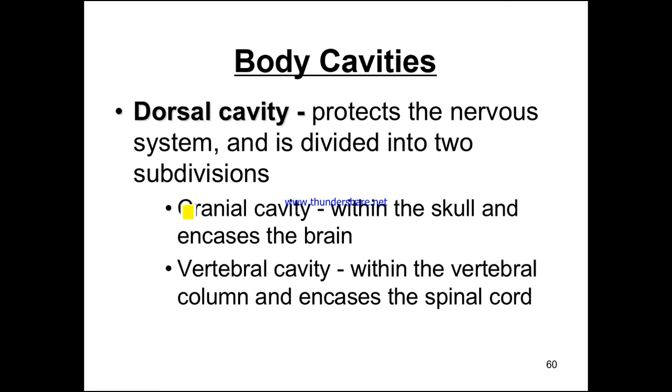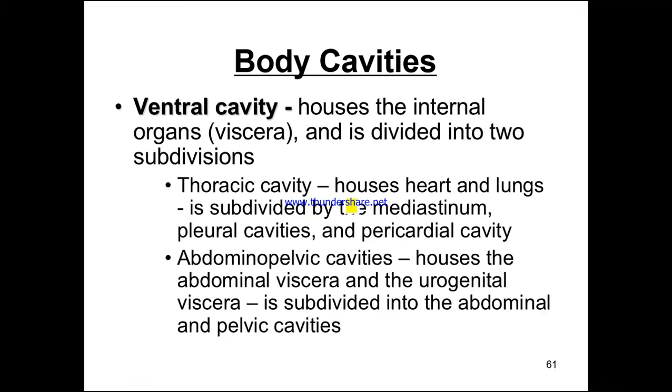We have a cranial cavity within the skull that encases the brain, and a vertebral cavity within the vertebral column that encases the spinal cord. We have a ventral cavity.